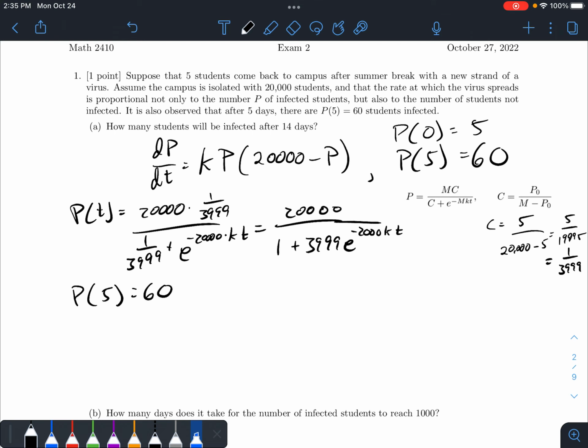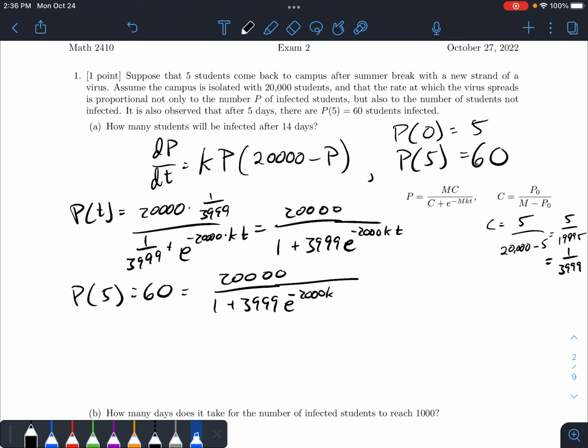Now P of 5 is equal to 60, and so this is telling us that 60 is equal to 20,000 over 1 plus 3,999 e to the negative 20,000 kt. At this point, we just need to solve for, sorry, not t.